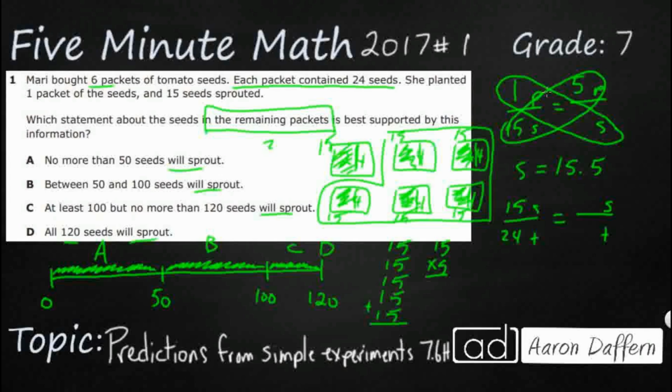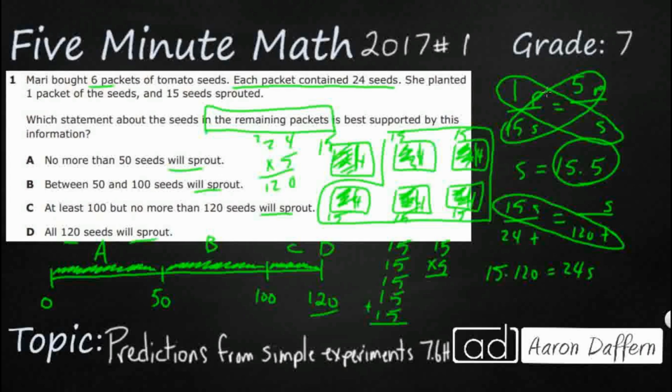So that's going to be 24 times 5. That's where that 120 comes in. Okay, so 120. But now look what I've got to do. Eesh. 15 times 120 equals 24S. So then you've got to multiply those two, divide by 24. Too much work. Let's just do this.